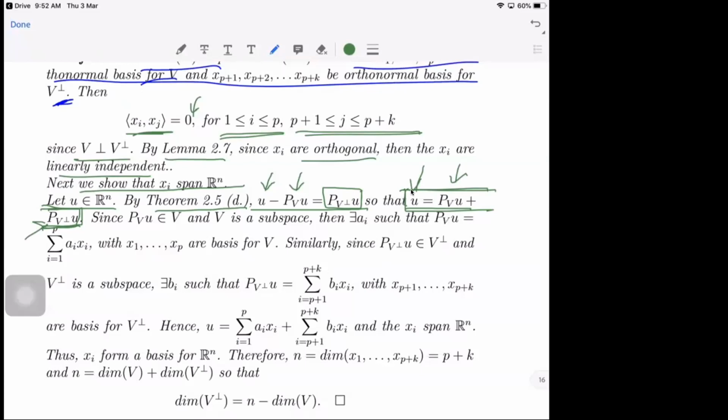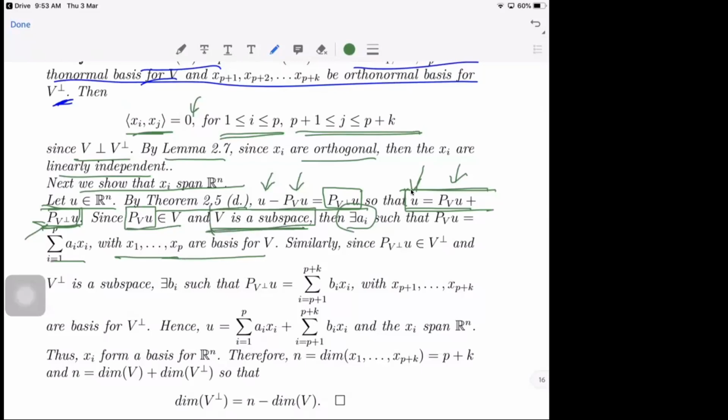Okay. So since you know that any projection onto V is in V and V is a subspace, you can always find constants ai such that you can have a vector in V as a linear combination of some vectors in V. This is by definition of a subspace.